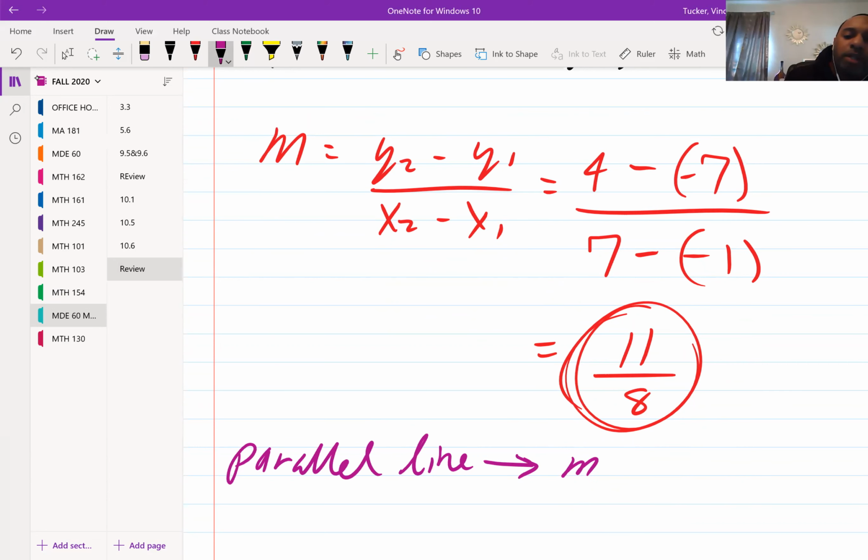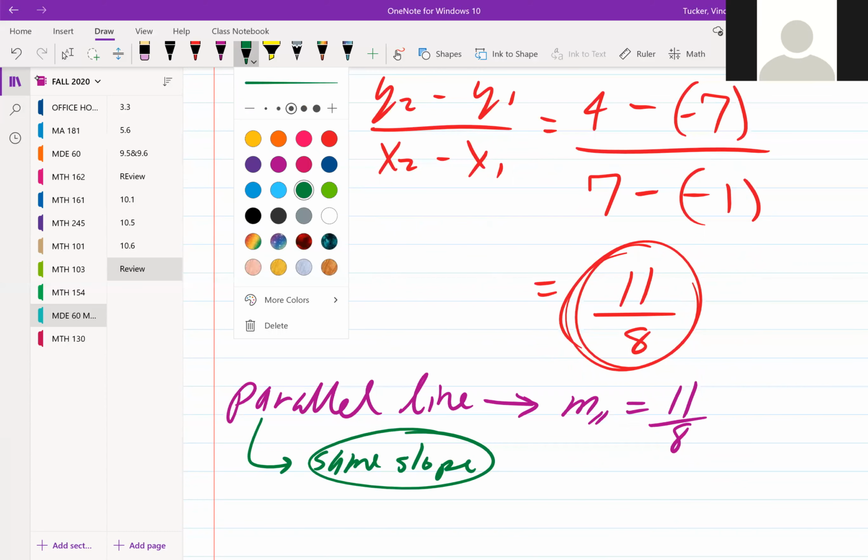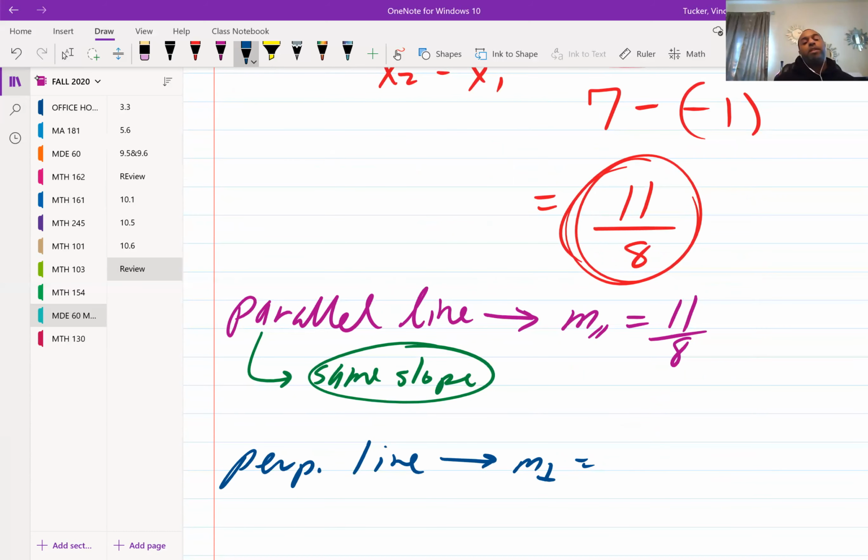Now, a line that's parallel to this one would have the same slope. That's what he was mentioning when he said the first answer would be 11/8, because it would be the same if it's parallel. A perpendicular line is going to be the negative reciprocal. That means it will have the opposite sign and you flip the fraction.